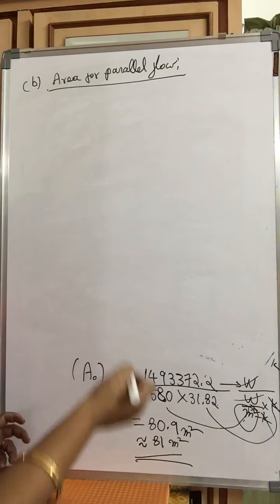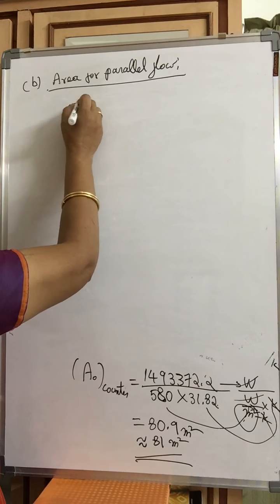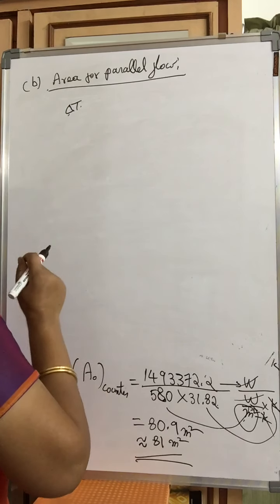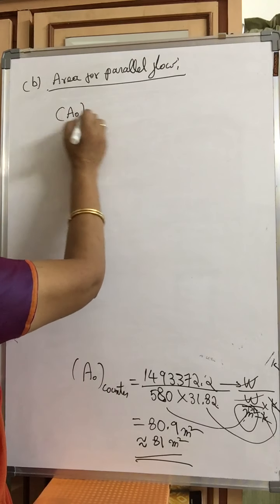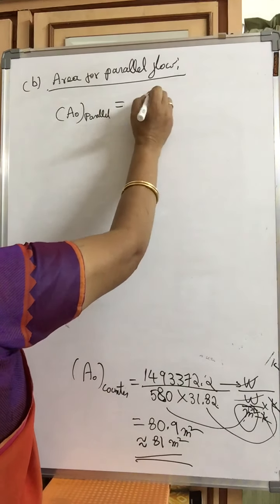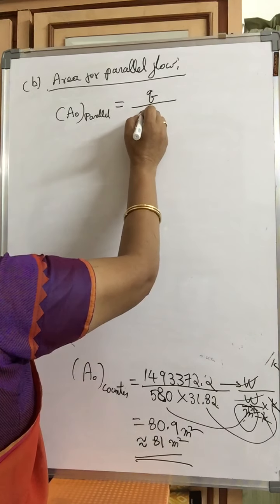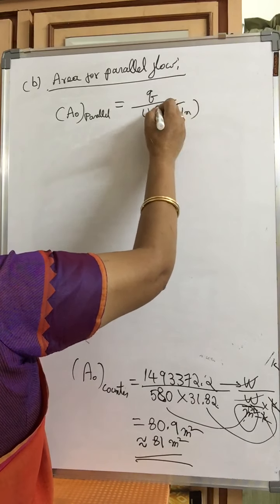Now we can make a shortcut directly. We can write delta T ln calculation. Delta T ln, okay, A0 formula, if you write here, A0 parallel is equal to Q by U0 into delta T ln parallel.